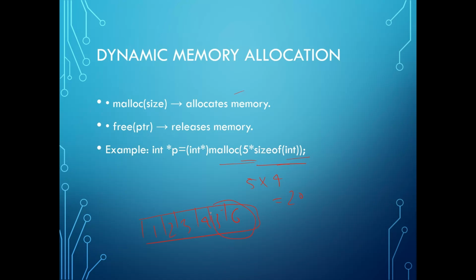If you don't need 5 and 6, how are you going to do that? You only need the memory locations 1 2 3 4, so 4 into 4, which means 16 bytes. This is what you need as a memory allocation here.